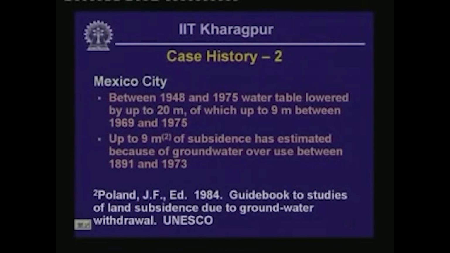And in fact, there are historic buildings within the city limits of Mexico which have sunk into the ground to the extent of 1 full story height, and some of these buildings have not undergone differential settlement. The entire building has sunk into the ground in a single block. As a result, they have not suffered from any structural damage.